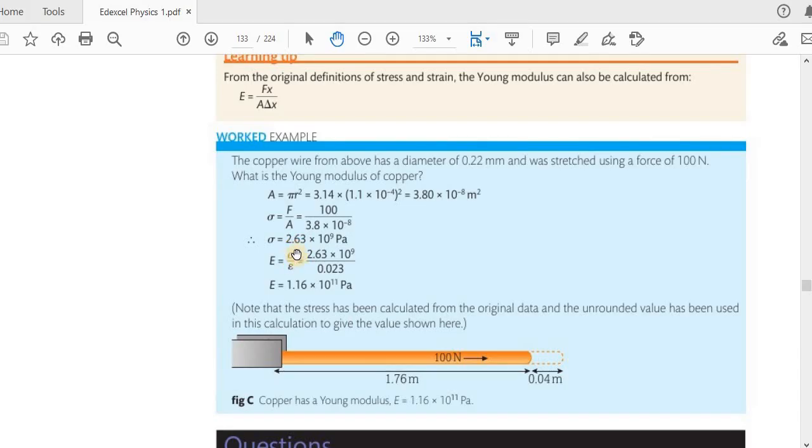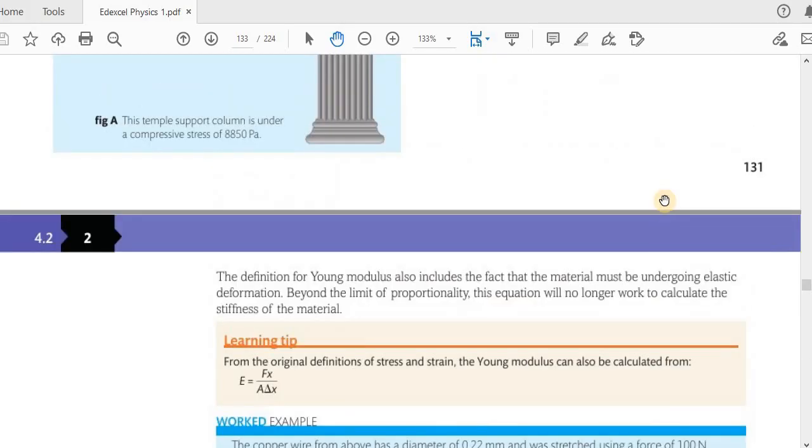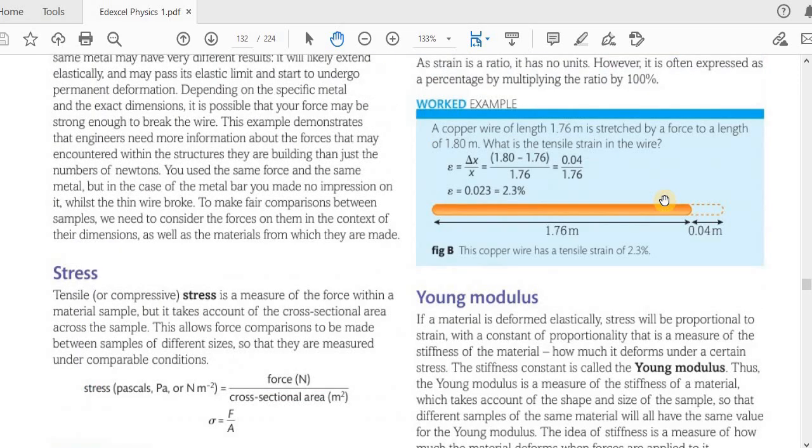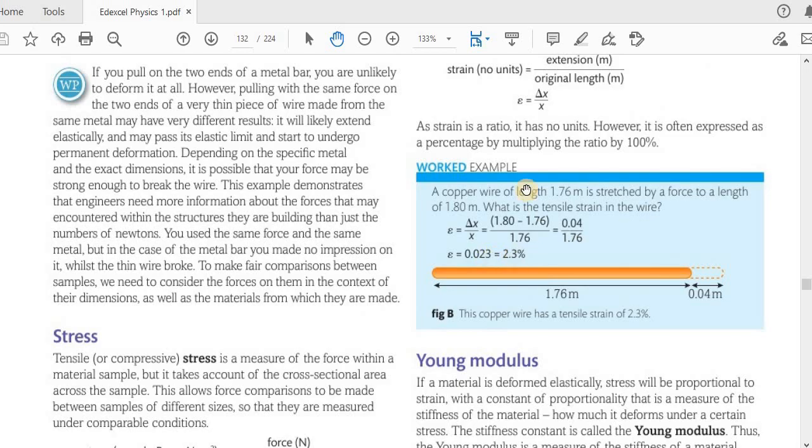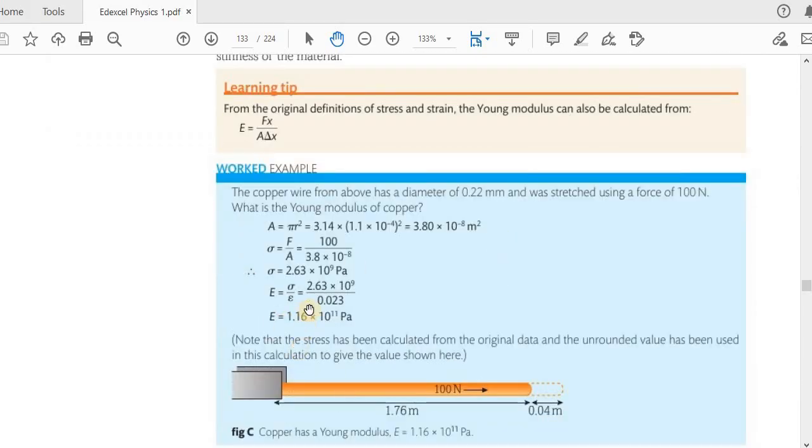And remember, stress is force over cross-sectional area. And here you can see the strain was calculated earlier. So it's referring to the same thing, because it's the same material. So you can see this is 0.023. So we use that value for strain, this one.